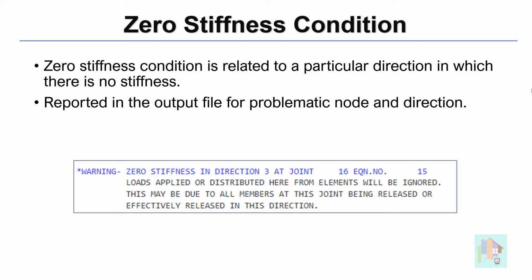If there is no stiffness in a particular direction, then any load applied or distributed in that direction will not be transferred to the support due to no load path. Hence, the load will be lost. That is our basic principle of structural analysis, right?